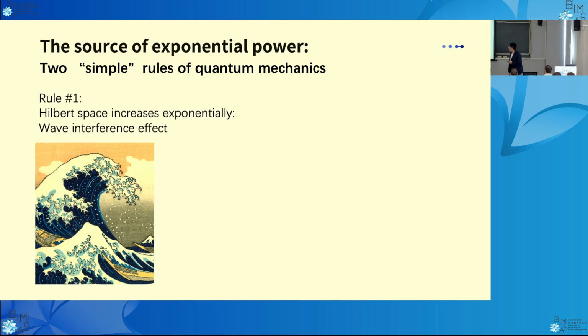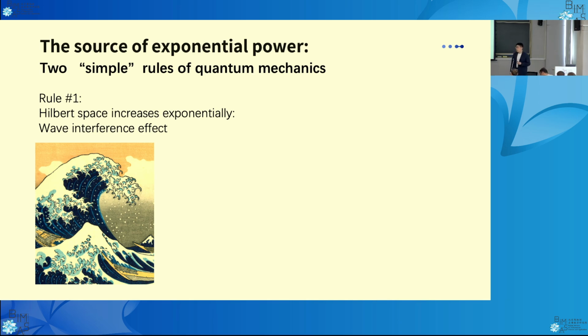So this is my favorite way of introducing, and I think it's very amenable to the mathematical audience. We always hear about spooky action at a distance, this weirdness of quantum mechanics, but it's actually nothing more than two quote-unquote simple rules that were prescribed to us.